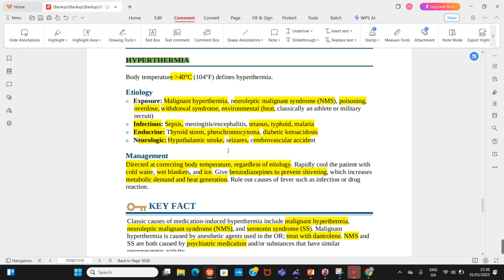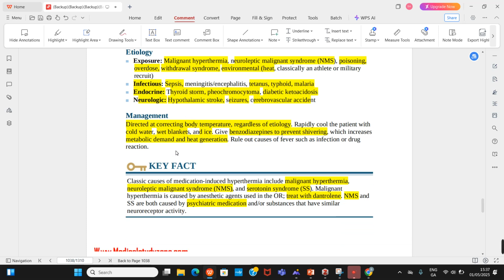If it's disturbed, maybe from a lesion in the brain like stroke, or seizure, like somebody having status epilepticus, they are convulsing every now and then, continuously generating heat, there's going to be hyperthermia. Or someone that had a cerebrovascular accident like stroke, they can have hyperthermia due to dysregulation of the homeostatic activity from the brain.